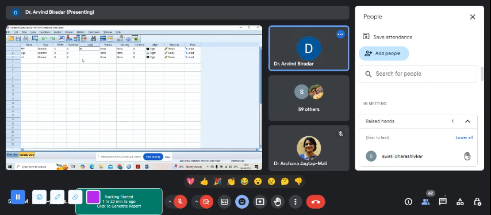Agree? So age is an independent variable. Weight is also an independent variable. Okay.